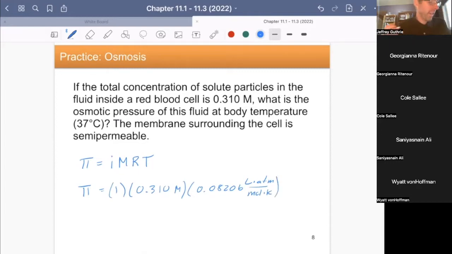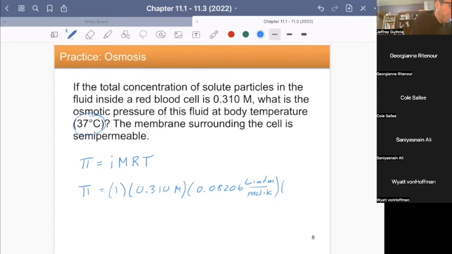Since our constant needs Kelvin temperature, we have to turn 37 degrees into Kelvin. So that's 37 plus 273.